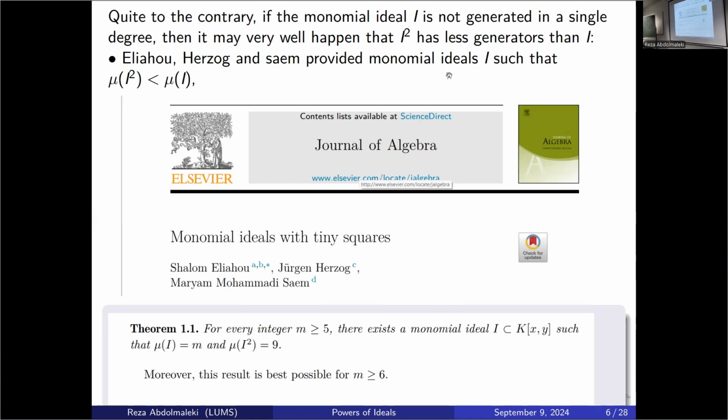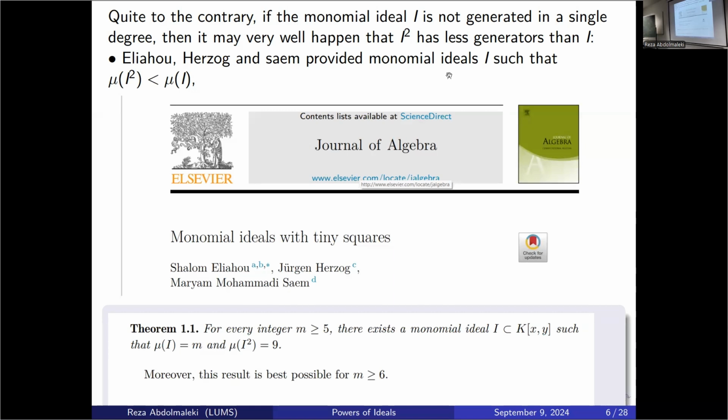They show that if mu of I is at least 5, then there exists a monomial ideal such that mu of I is m, and mu of I squared is nine for any m bigger than or equal to 6. For example, you can find an ideal such that mu of I is 100, but mu of I squared is only 9.